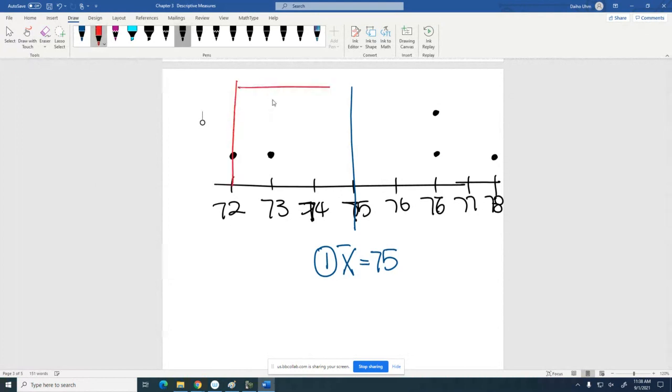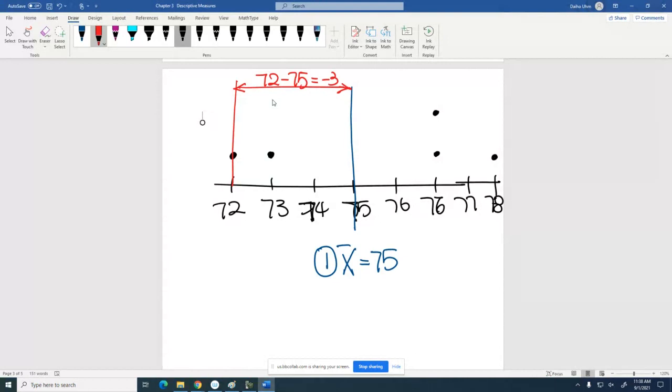So we did 72 minus 75, negative 3. That is the distance from 72 to 75. Please remember the range: maximum minus the minimum.